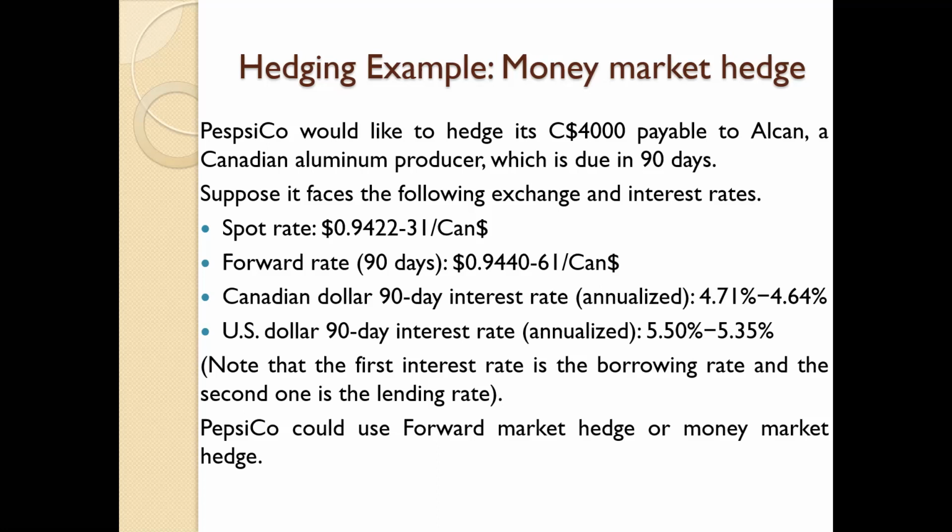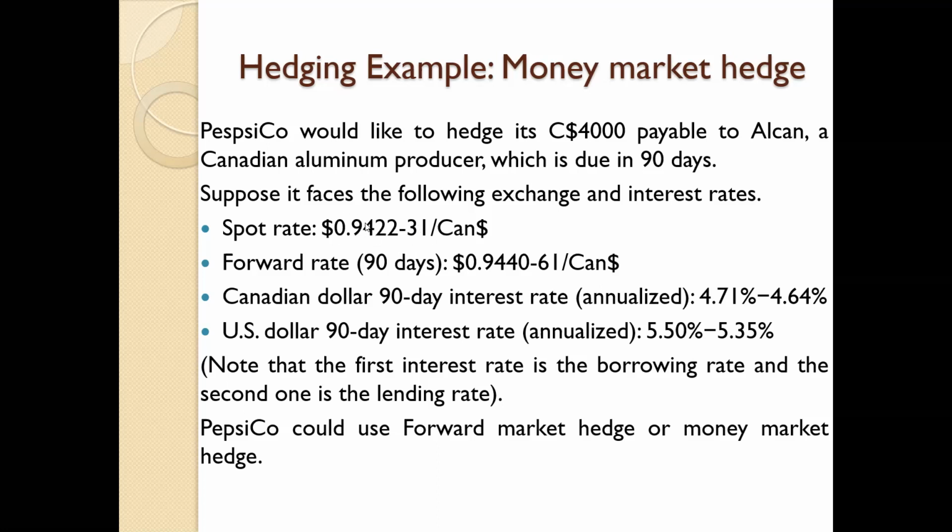Now you are given some important information relating to this transaction day, right? The spot rate, you are getting as US dollar 0.9422 per Canadian dollar, and 0.9431, this is the buying and selling rate, right? Now you are familiar with these exchange rate quotations, right?